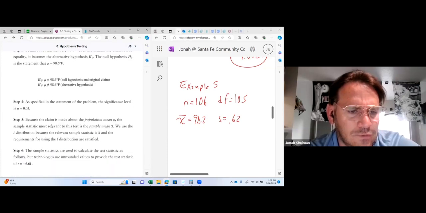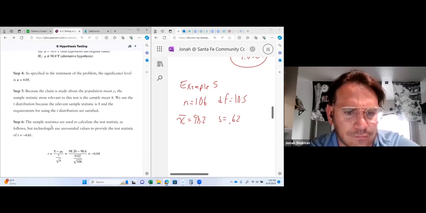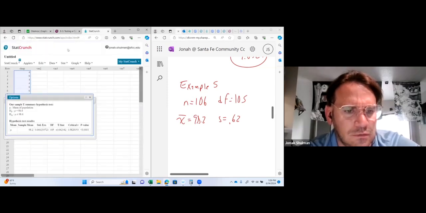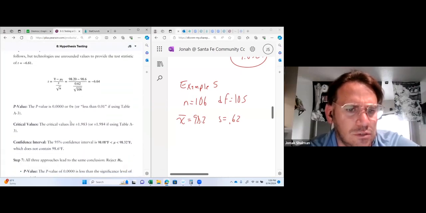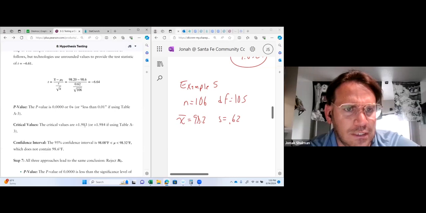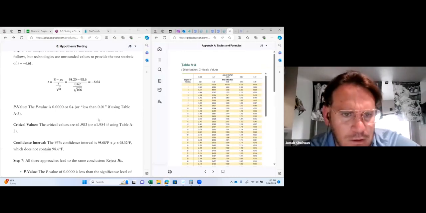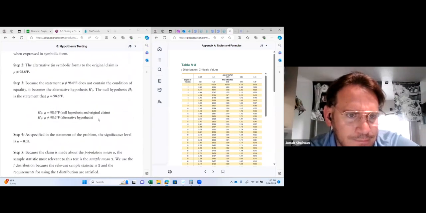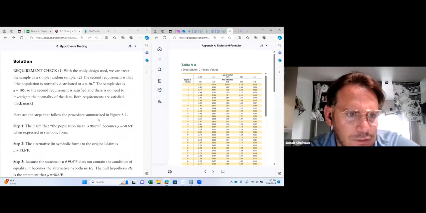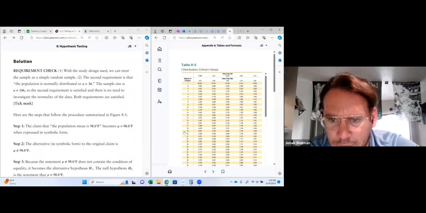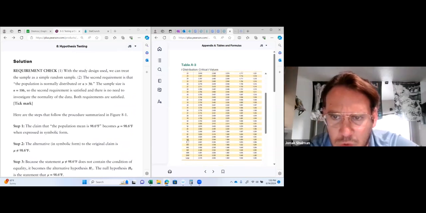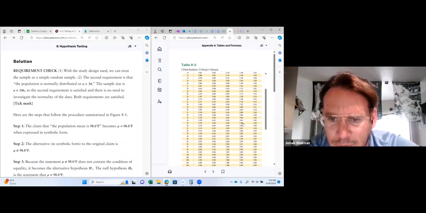Here's your null and alternative hypothesis. They got negative 6.64 using the formula, negative 6.64 using StatCrunch. These are critical values, plus or minus 1.983. If we use the table, our degrees of freedom was 105. There's 100, so they don't really have it.